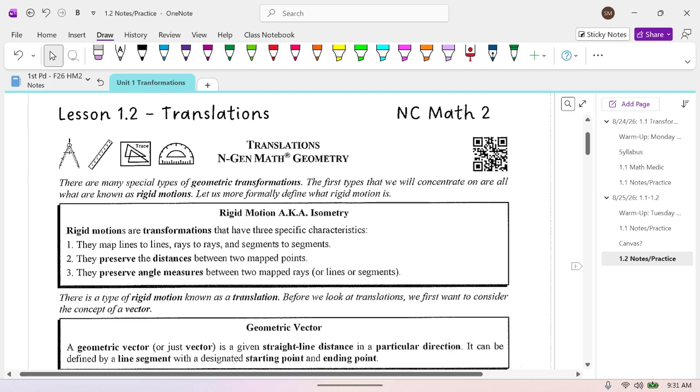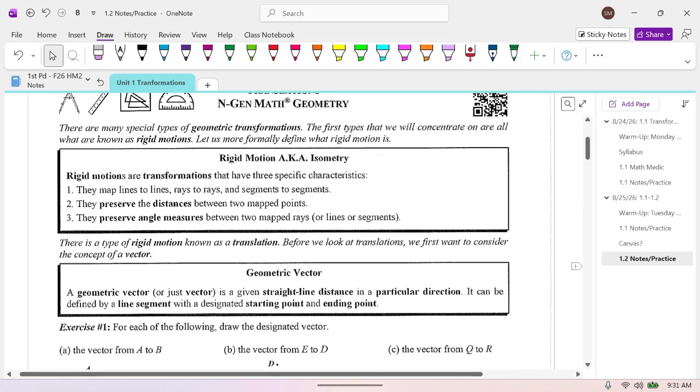All right. Now we're going to do some translations. So now we're getting into the specific type of transformation. The first one was kind of an overview. This one is going to actually be the translations. This one's pretty quick.